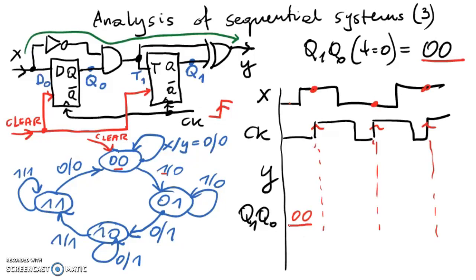We read out this state and find it on the diagram. Then we read out x, which is, when the rising edge occurs, x equal to 1, so we go along this arrow, and the next state is read out to be 0, 1.